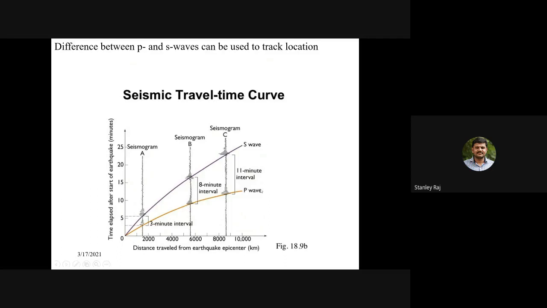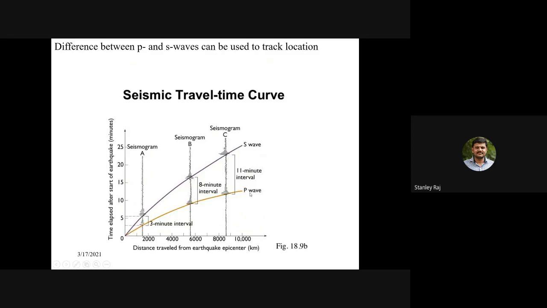The yellow line is drawn based on the velocity of P waves. If the P wave originates at point 0 and reaches 10,000 kilometers, how much velocity is there, how much distance it can cover and how much time it will take. As you know, speed equals distance by time. Based on that, we can estimate the graph.